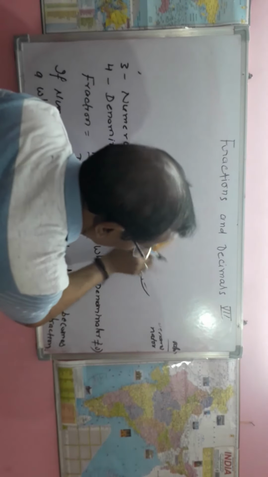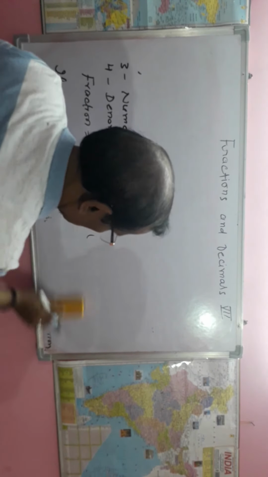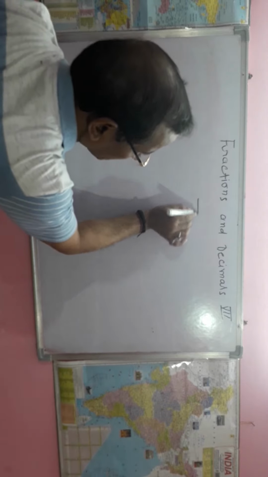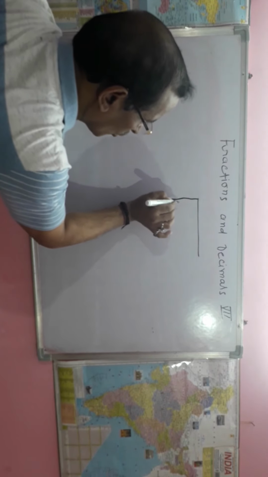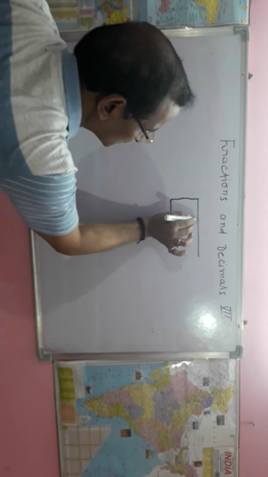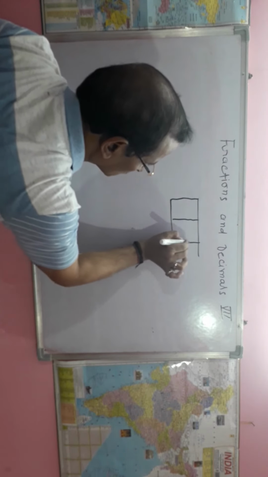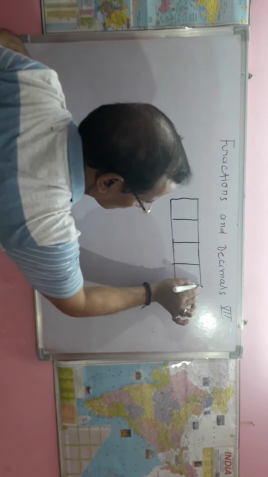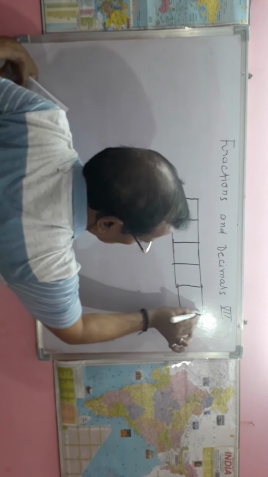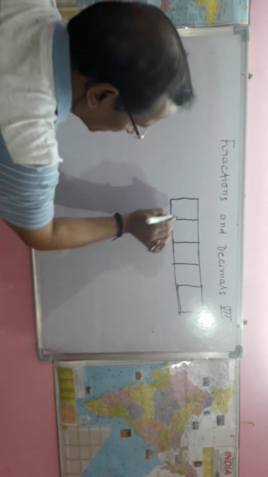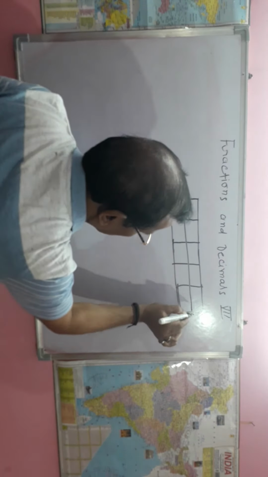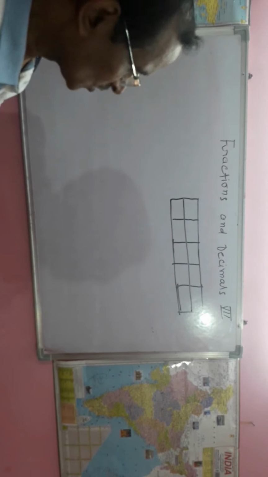Suppose we have a chocolate bar which has 10 equal parts. Then 1, 2, 3, 4, 5, and it consists of 10 equal parts.